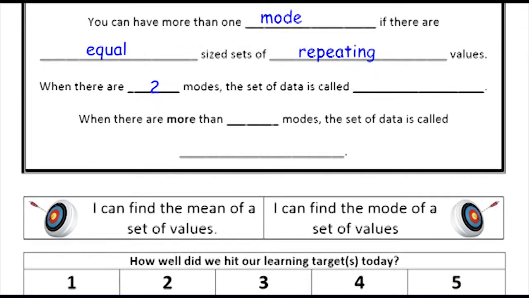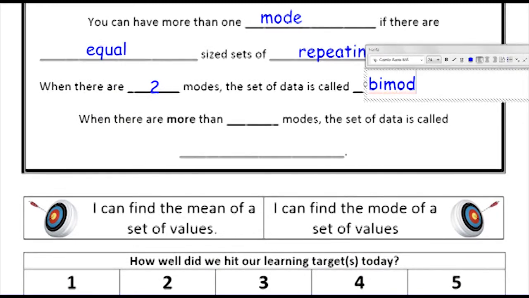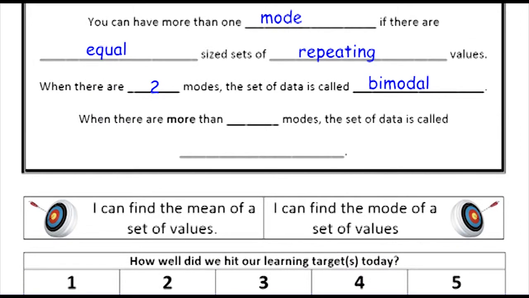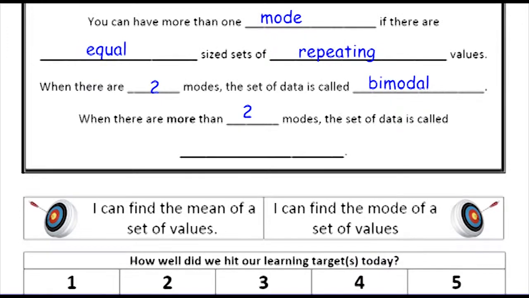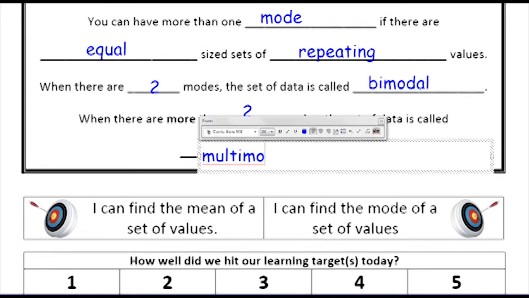When there are 2 modes, we call this bimodal. Bicycle, 2 wheels, bimodal, 2 modes. When there are more than 2 modes, 3, 4, 5 modes, again, all equal size sets of repeating values, we call this multimodal.